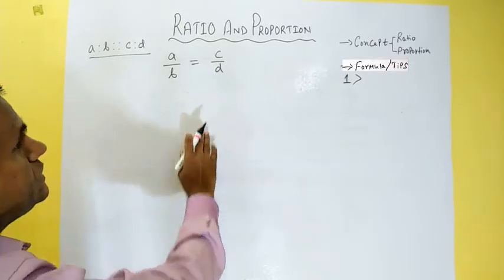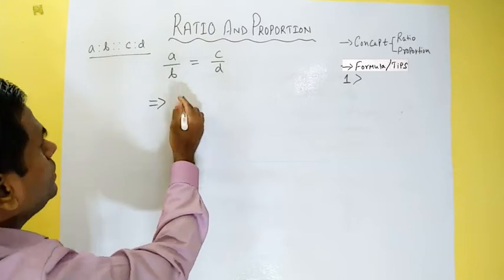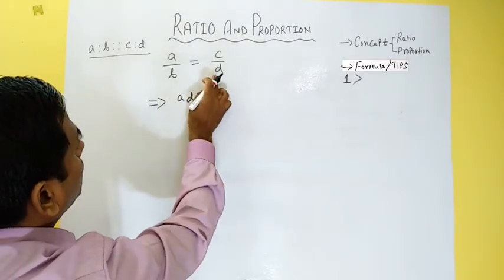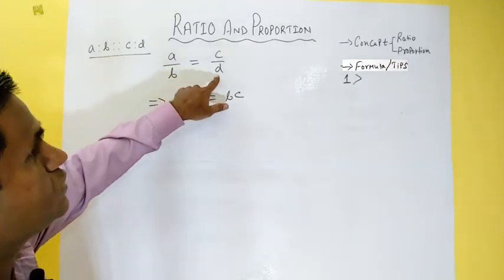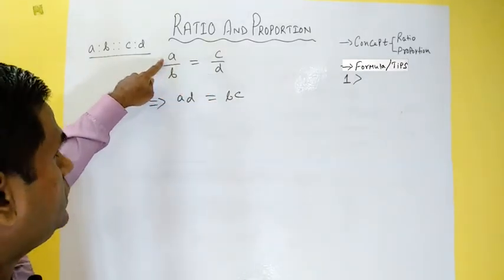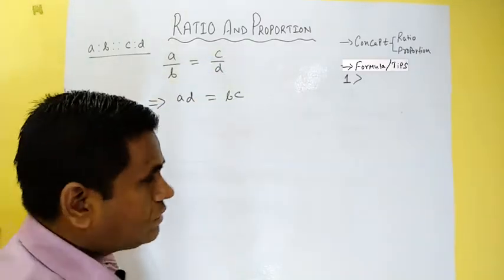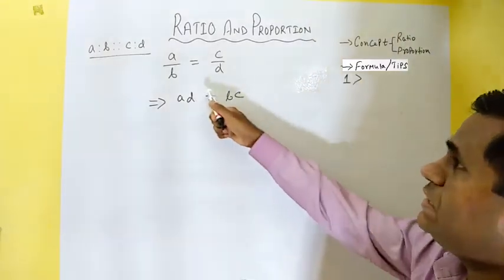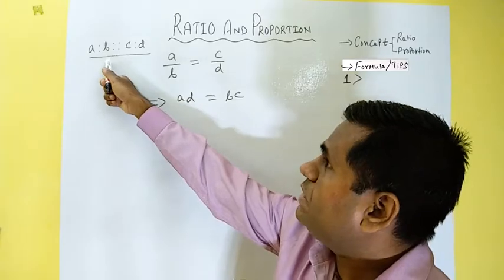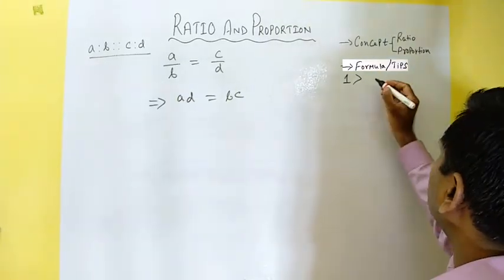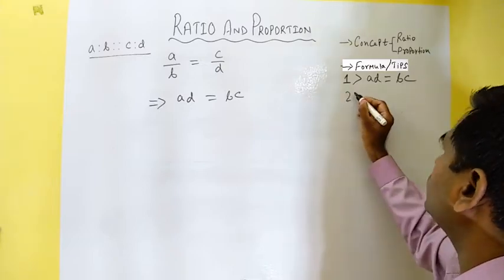When we do the cross multiplication, AD is equal to BC. We can transfer D to this side and B to this side. So in the first formula, if there is a ratio in this form, A is to B proportional to C is to D, we can also say AD is equal to BC. The cross multiplication is also true.